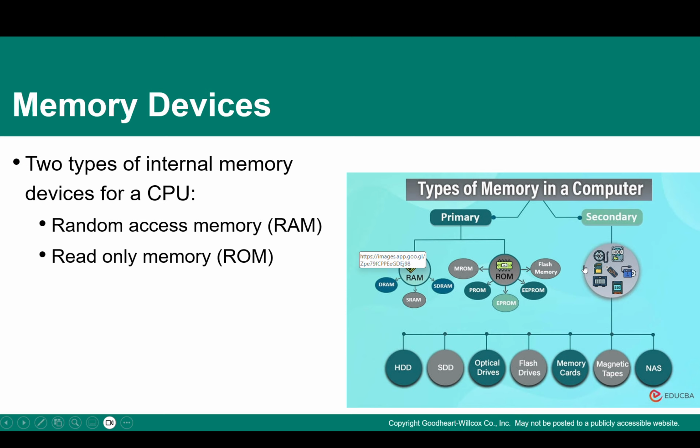The secondary type of storage is your hard drives, optical drives, flash drives, and so forth. So it's very important that you understand the terminologies here: the primary and secondary types, RAM and ROM as primary, and within RAM and ROM what the different types of memories are. We will learn as we go to the next slides, and again, the secondary type of storage as well.